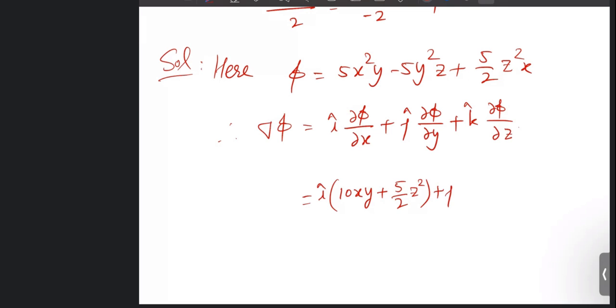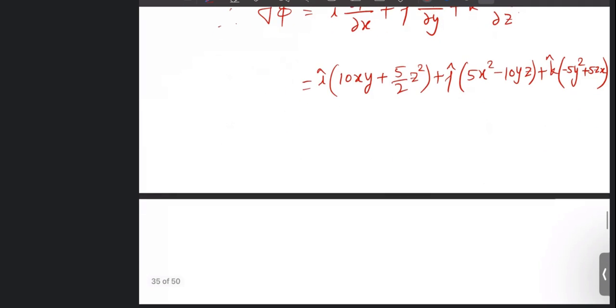With respect to y, first term is 5x square, second term is minus 10yz. And for k, first term becomes 0, second term is minus 5y square, and third term is 5, 2 cancels with this 2, that is 5zx into k. This is the gradient of phi in general.